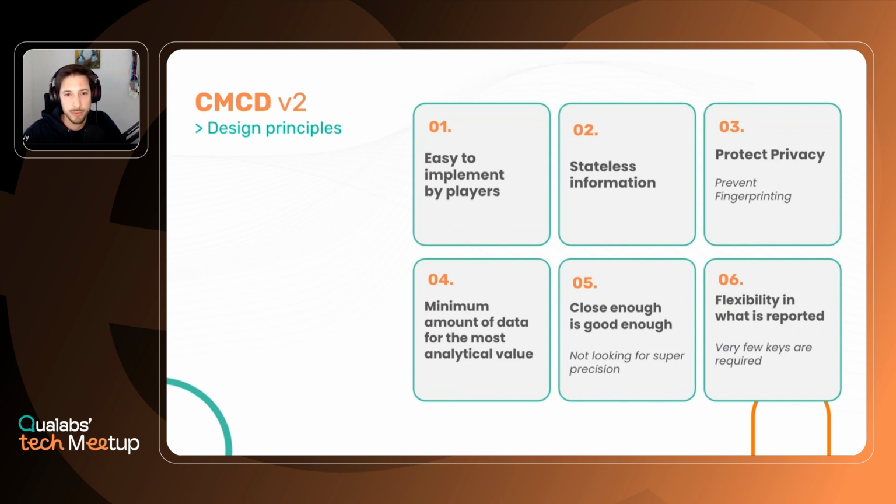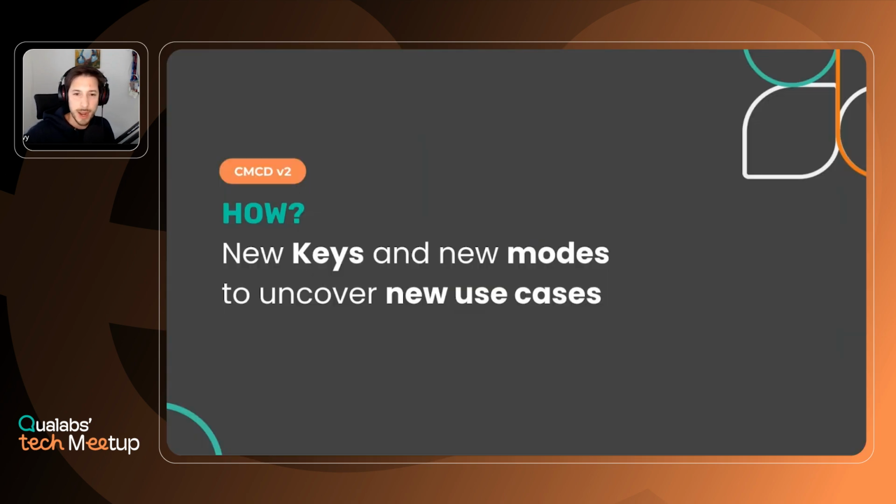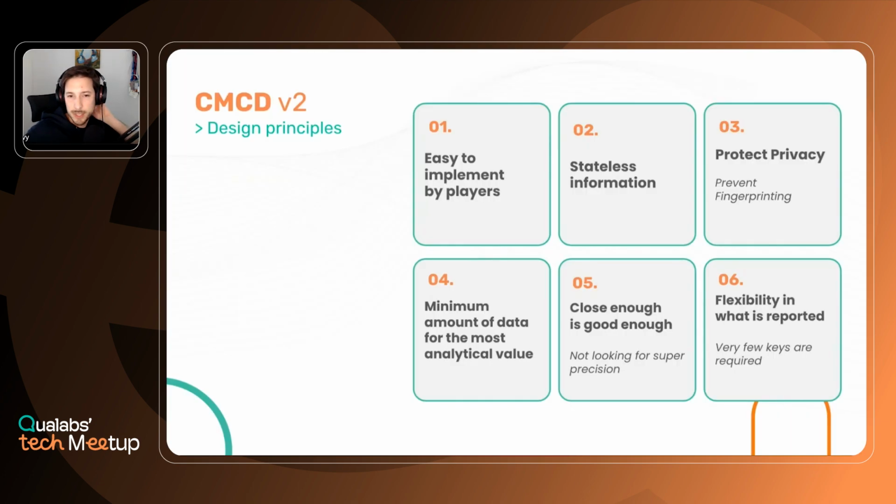That's super important for us. Also, we want to send the minimum amount of data for the most analytical value. Another mindset we have is that close enough is good enough. We are not looking for extreme precision; we are looking to make it easy to understand, with flexibility in what is reported. So not all keys are mandatory.